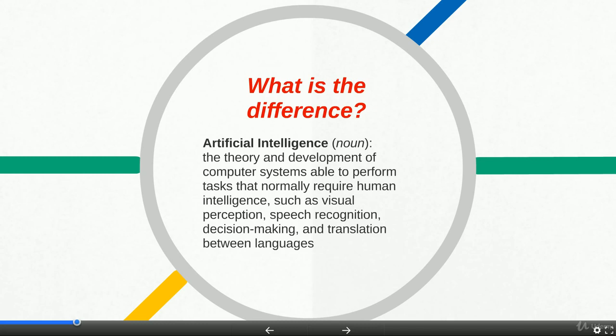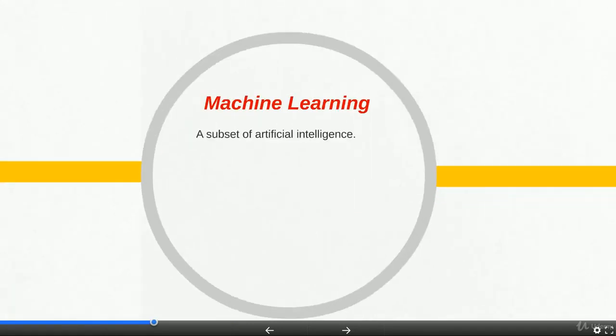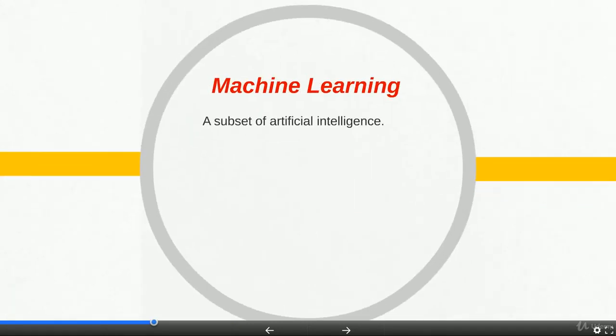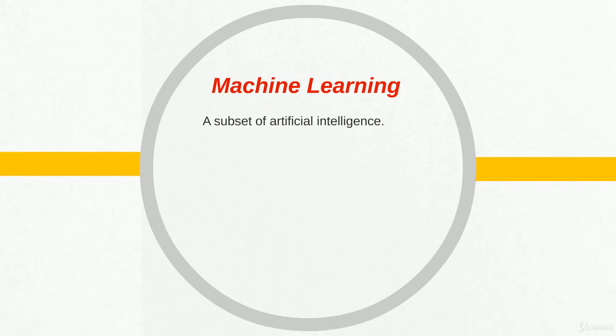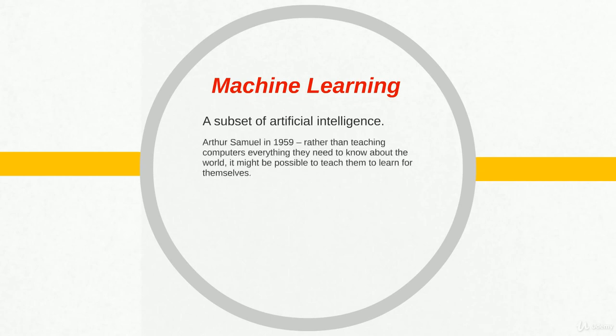So let's contrast that a little bit with machine learning. Machine learning can be really defined as a subset of artificial intelligence because it's often used to accomplish tasks like speech recognition. This is a computer program that can be used to do AI tasks. In 1959, Arthur Samuel was really credited with the idea for machine learning.